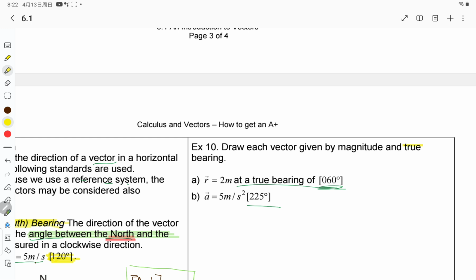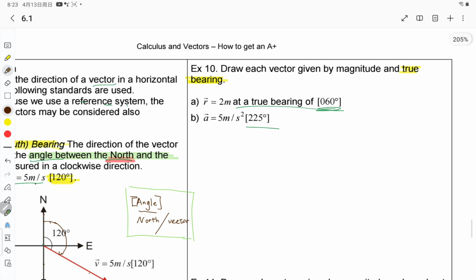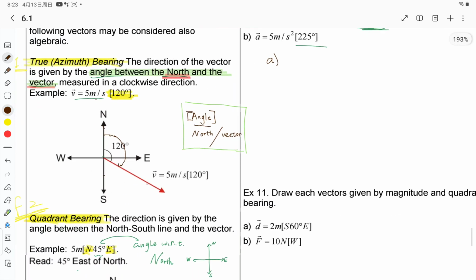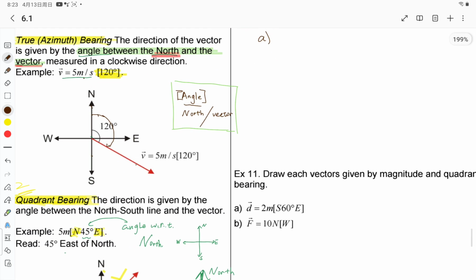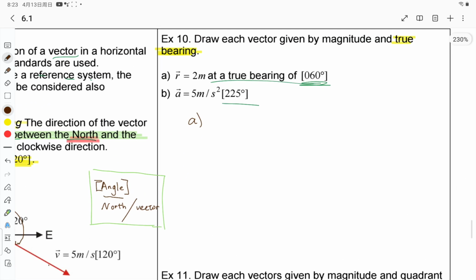Okay, true bearing is just giving you the angle. This is called true bearing. And again, don't panic about these definitions, because we always know that our reference, no matter the true bearing or what's called quadrant bearing, is always the north as our reference direction.